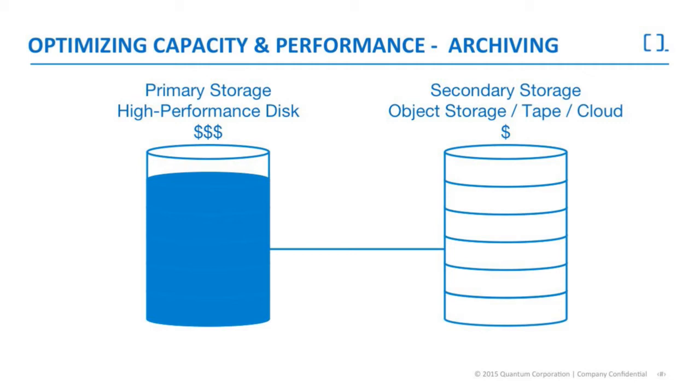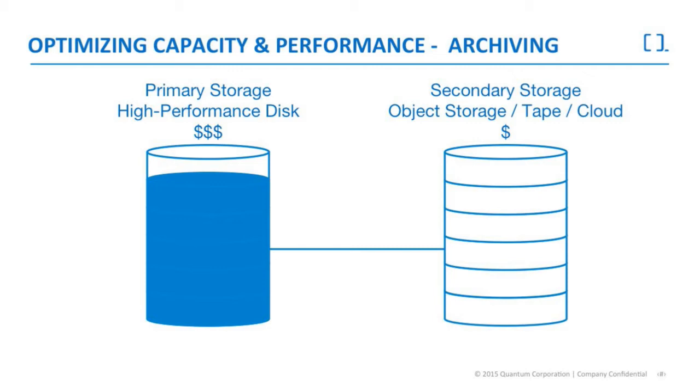But what happens when that starts to get filled up is we're constrained to the point where it starts to affect performance. We need headroom in capacity, and we're not able to manage the amount of storage we have effectively.